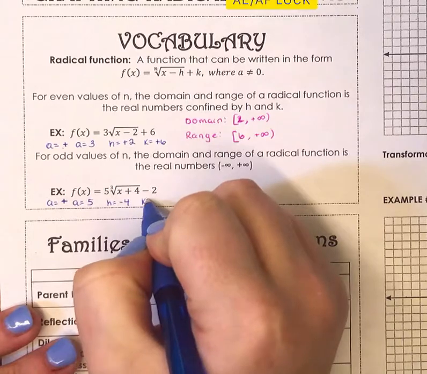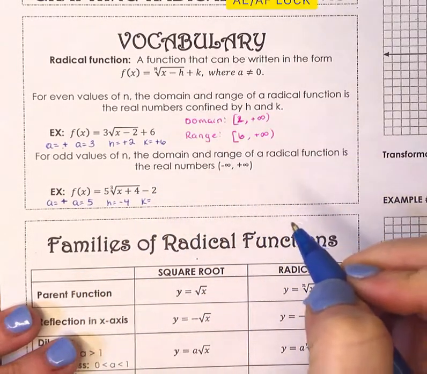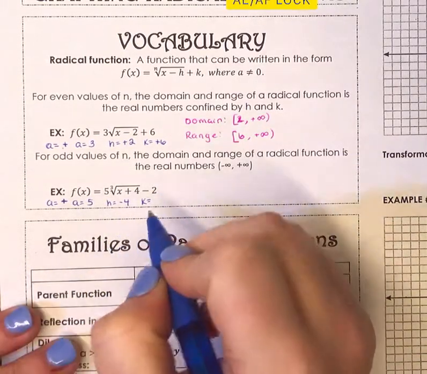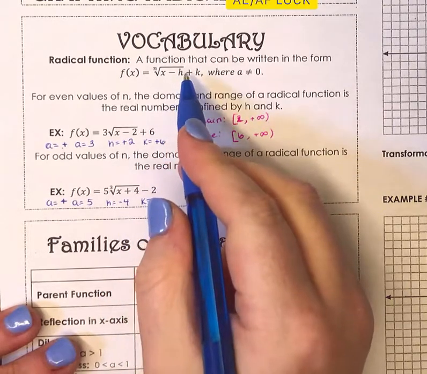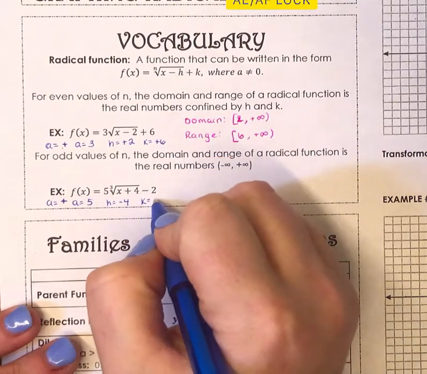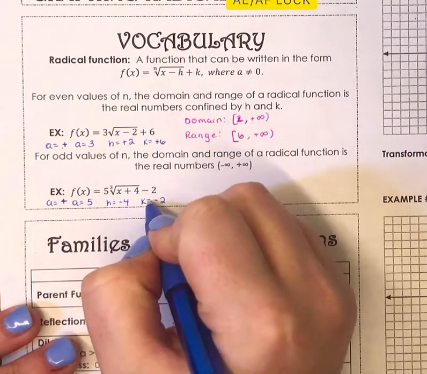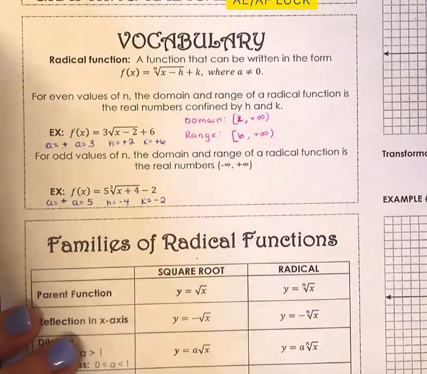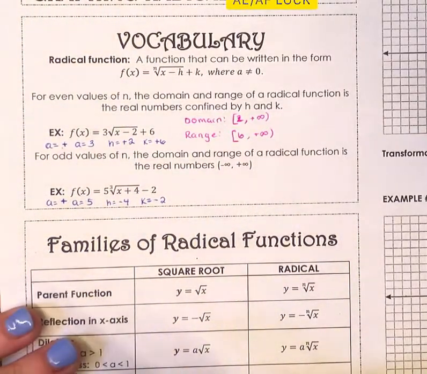Our k value is, again, what is added or subtracted to the outside, not multiplied. So our k value, it says plus our k value. Well, it's going to be plus a negative 2 to get that minus 2 aspect. So we just found those because we need that practice of finding a, h, and k.